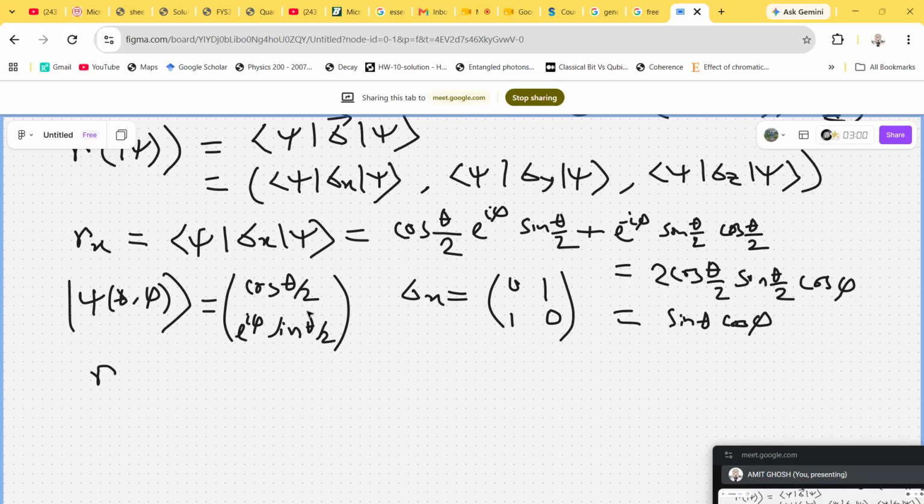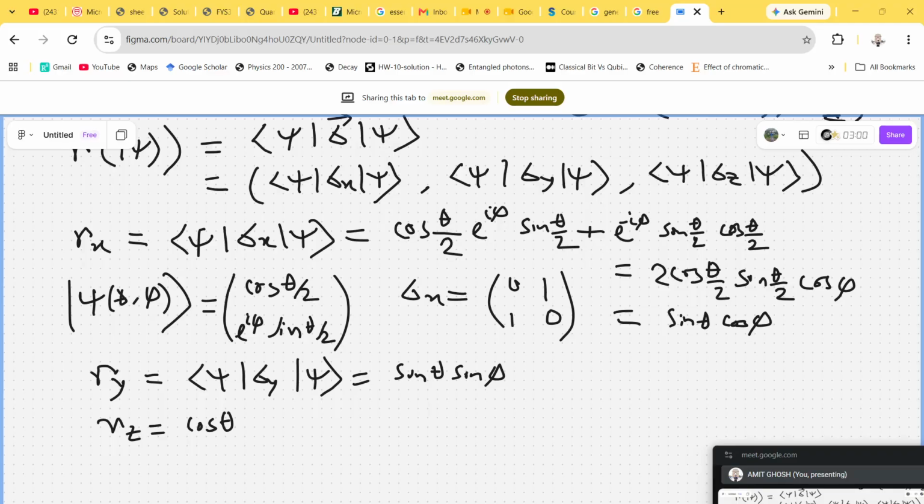Similarly, we can show the other ones. Ry is <psi|sigma_y|psi>, that will be given by sin theta sin phi, and Rz is equal to cos theta.